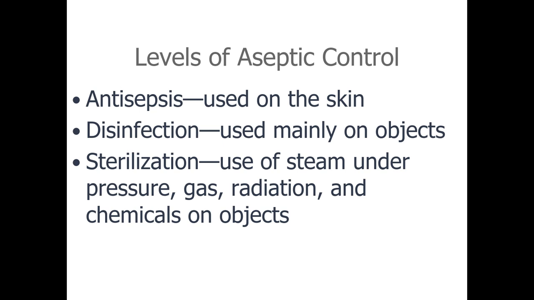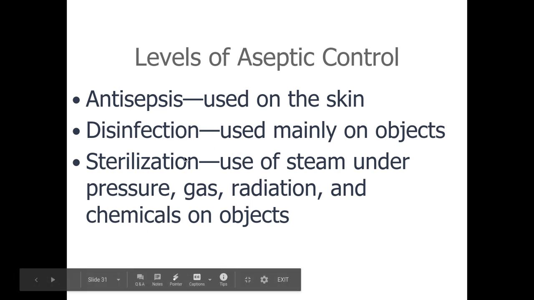And then just remember, sterilization is one of the higher levels of killing microorganisms, and that's the use of steam under pressure. All of that heat completely destroys the germs, or at least up to 99.9%. So just know the difference. Disinfecting is important, but it's not going to kill everything like sterilization will.